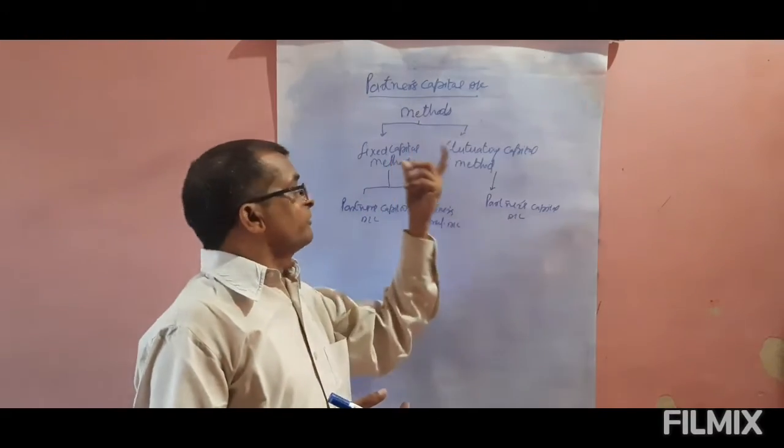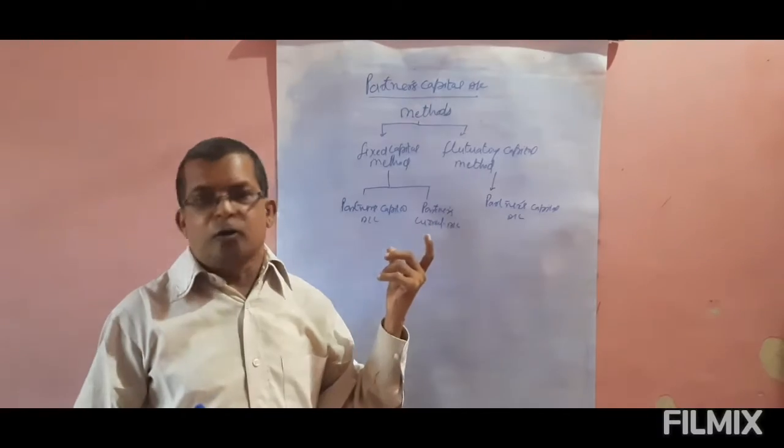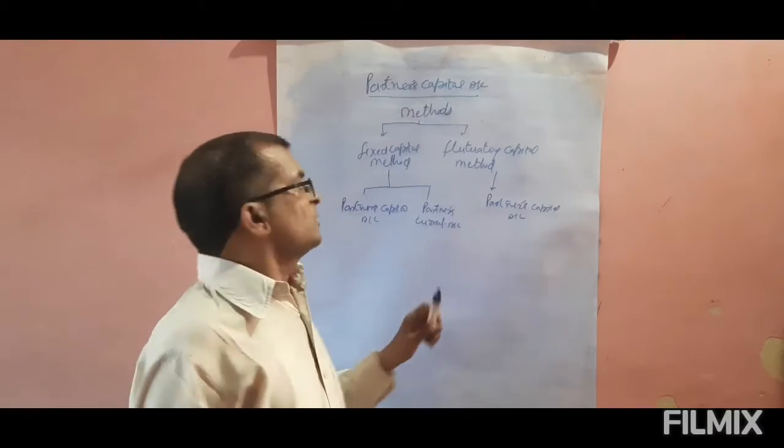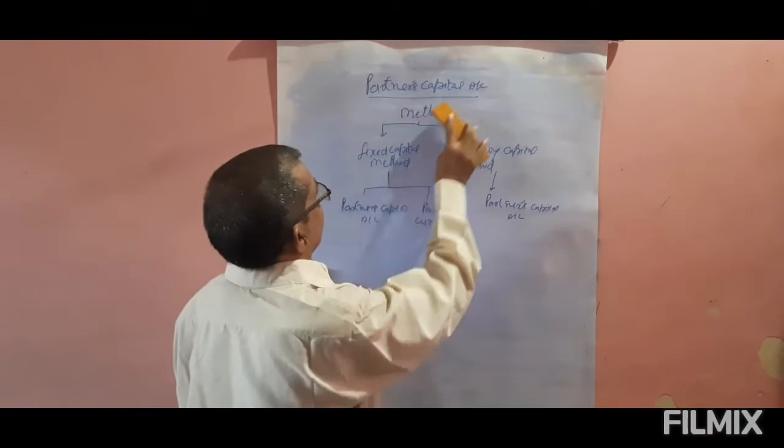So what are the specimens of the two accounts? Now I will show them from the two methods. First is the fixed capital method.